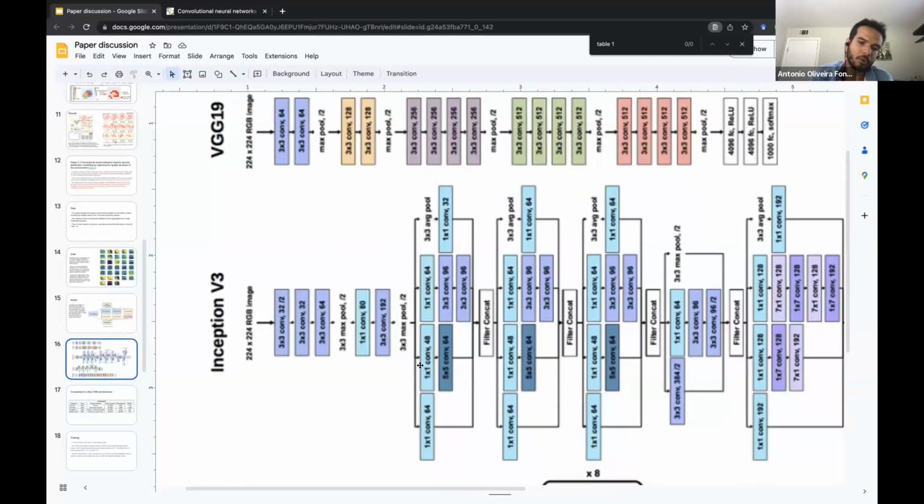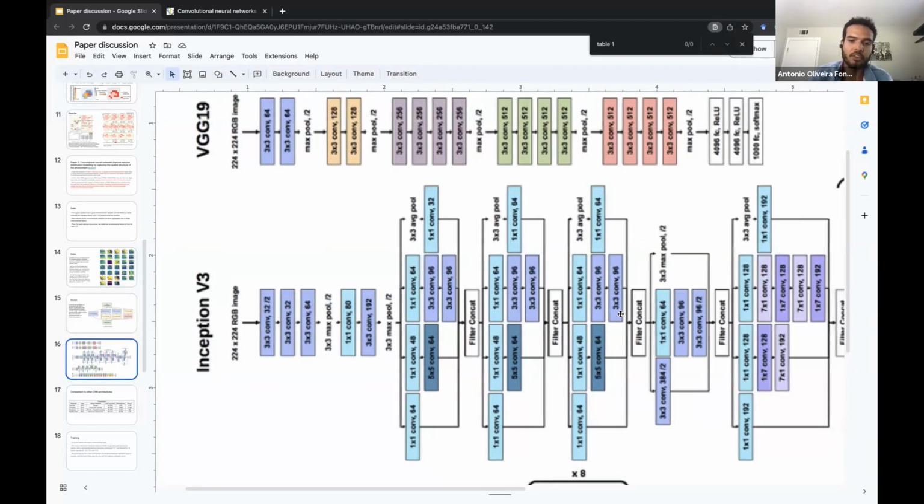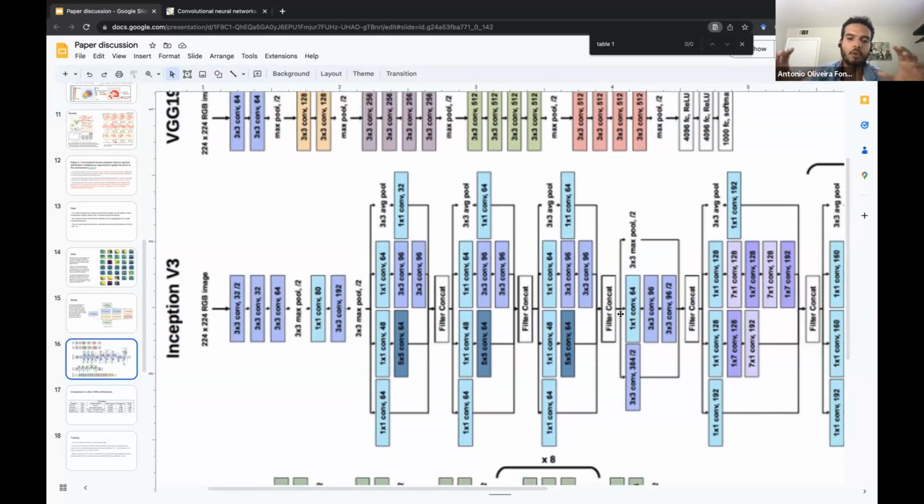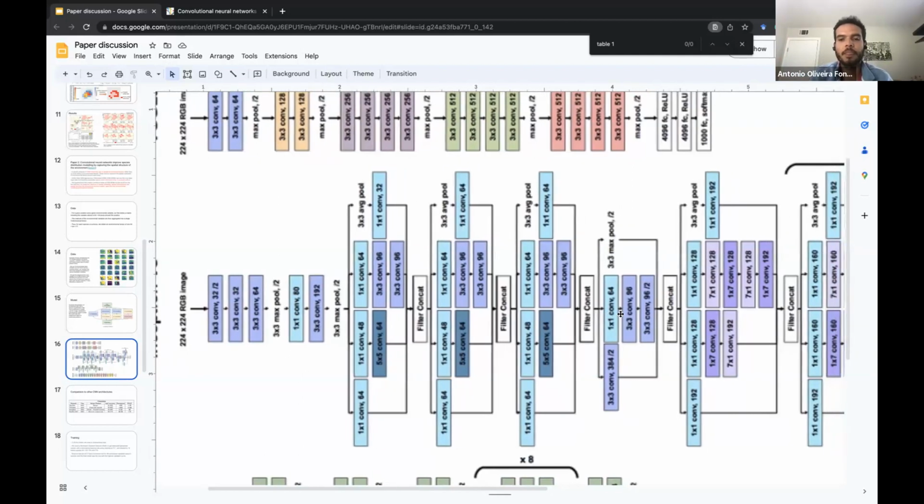Just the one-by-one feeding into 5x5, 1x1 to 3x3, and then 3x3 again, and so on. Then you have the concatenation, and then you repeat the process. So you see this extraction of local versus semi-local, or perhaps even global information keeps happening over and over again throughout the stream, right?